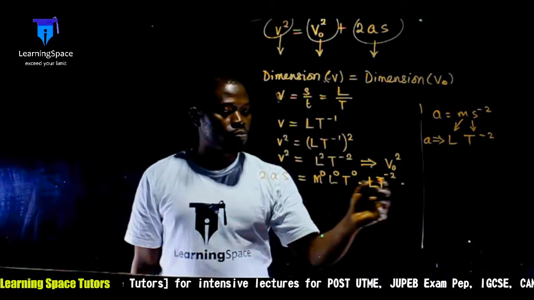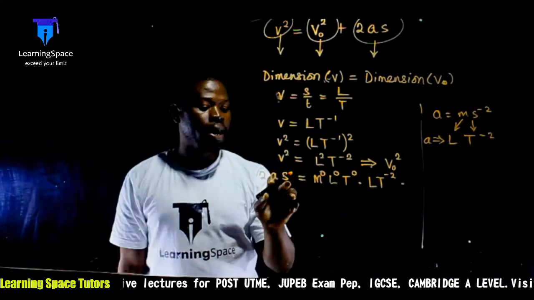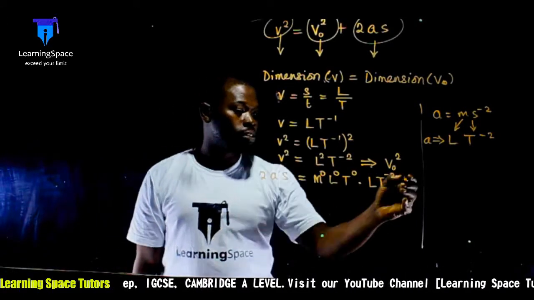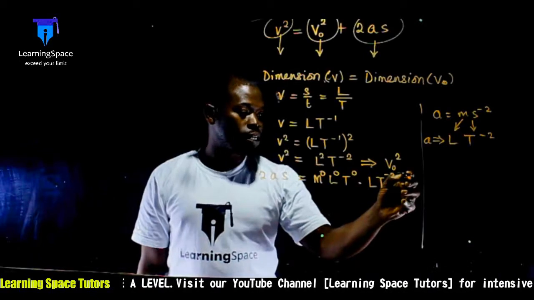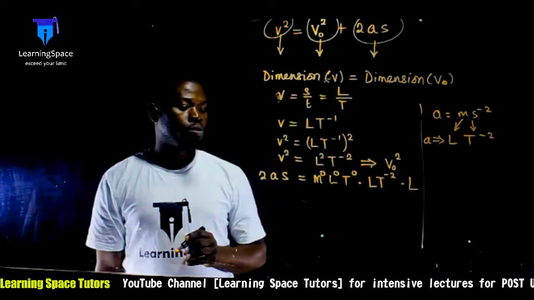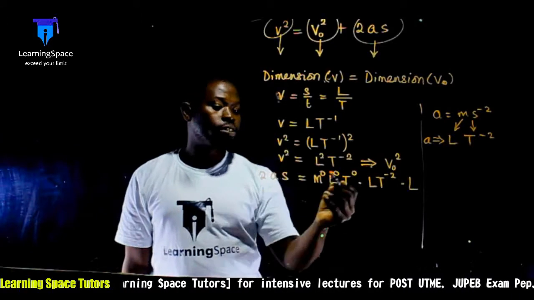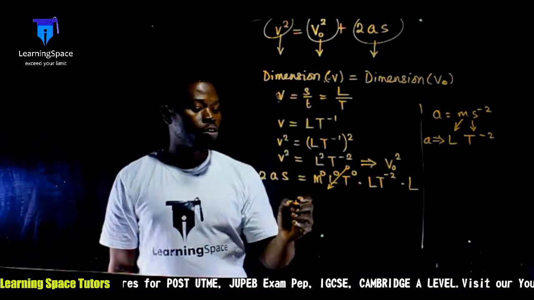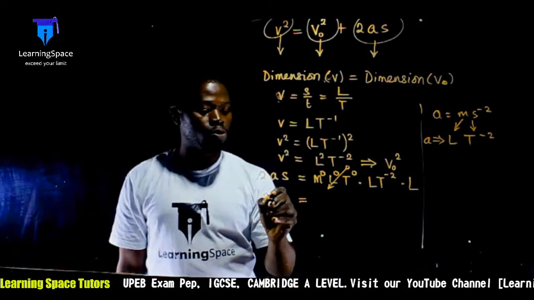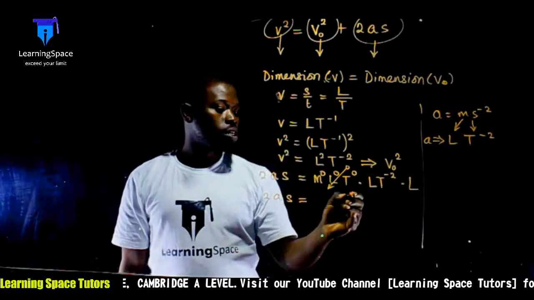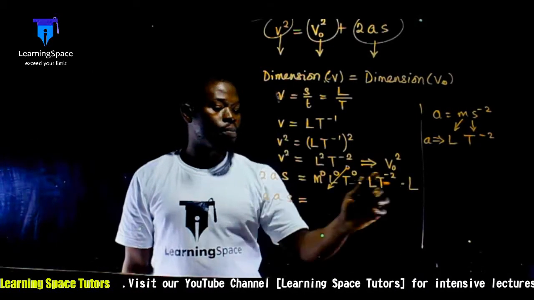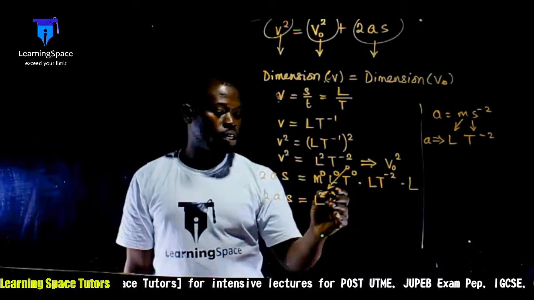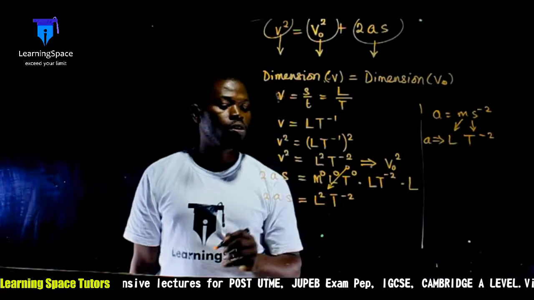Now the third one here, which is our S, representing displacement, is measuring length. So the dimension for S is L. Now we know that anything raised to power 0 is 1, so we can ignore this. That's gone. So what's the dimension for our 2as? It's going to be this L multiplied by this L, giving L squared, and our T minus 2 out there.